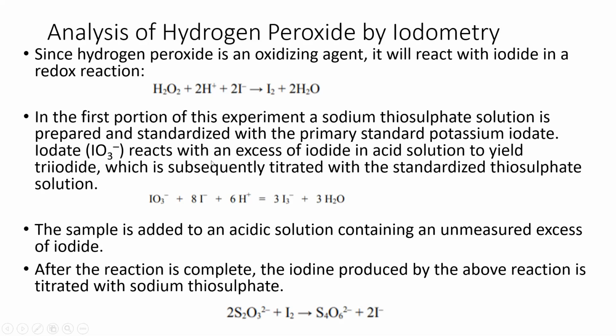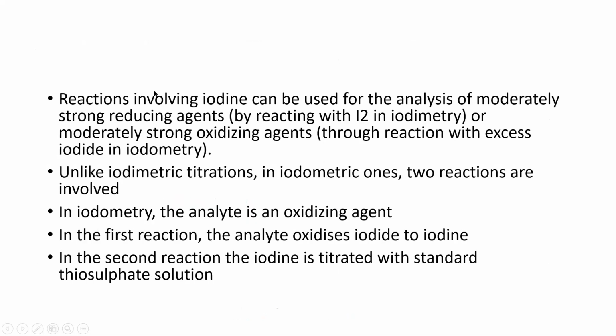This potassium iodate reacts with the excess iodide in acid solution to yield triiodide, which is then titrated against the standardized thiosulfate, because the triiodide here is what is reacting with your hydrogen peroxide. After the reaction is complete, the iodine produced is titrated with sodium thiosulfate, and you can now work out the concentration of your iodine to know the amount of iodine that actually reacted with your peroxide.